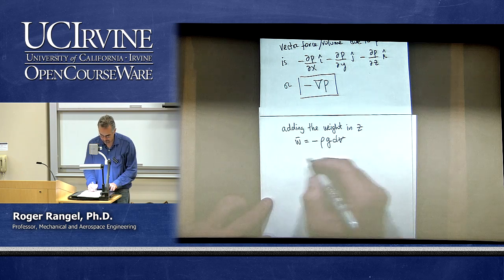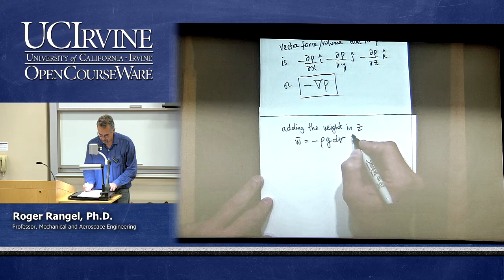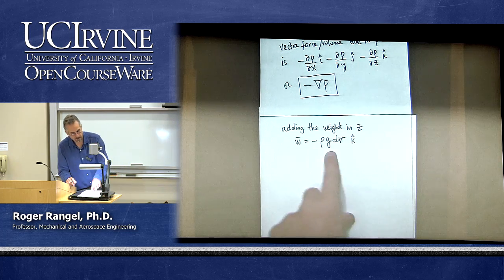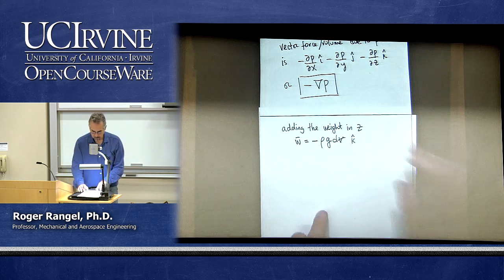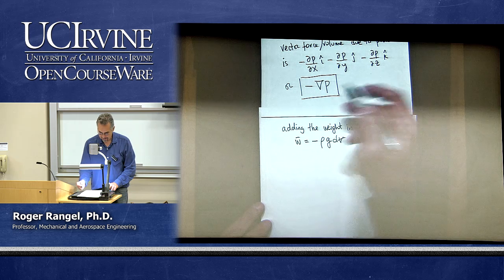If we do the weight per unit volume, and this is of course the k direction, then it's just minus rho g k. So all we need to do is add the value of the weight in the k direction.